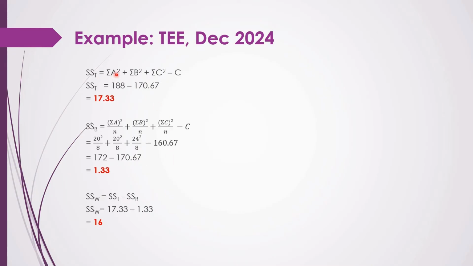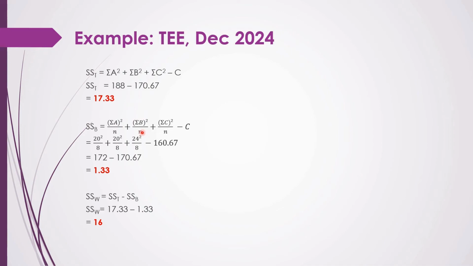Let's look at the sum of squares. The total sum of squares is sum of A square plus sum of B square plus sum of C square minus the correction term. Substituting the values, we get 188 minus 170.67, which is 17.33. Sum of squares between the groups, what is the formula? Let's revise it.